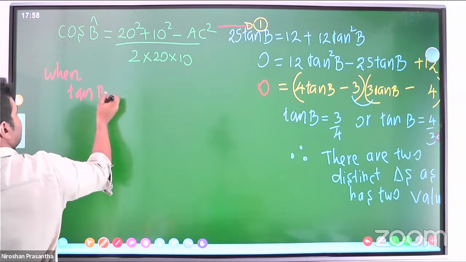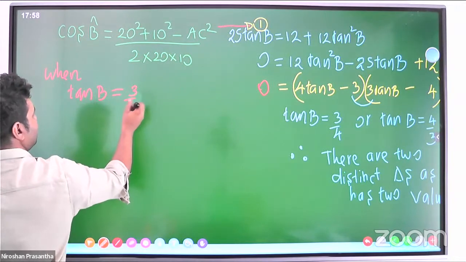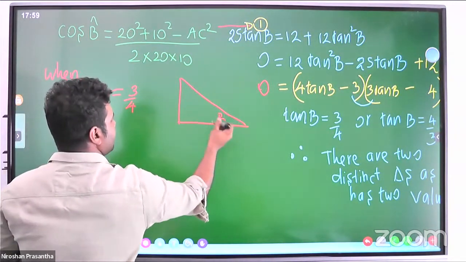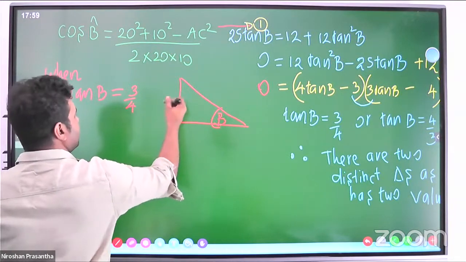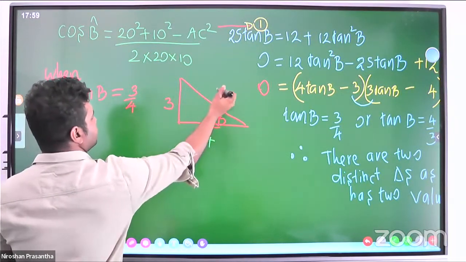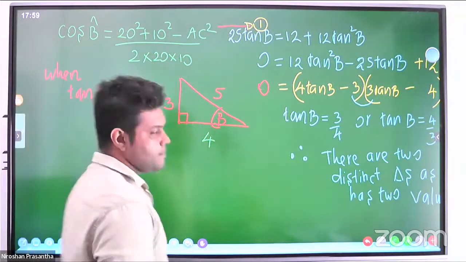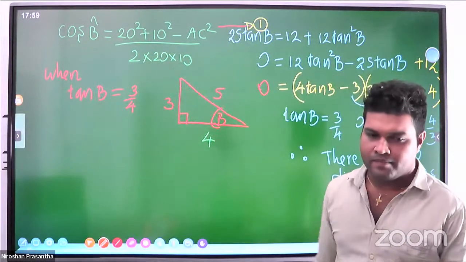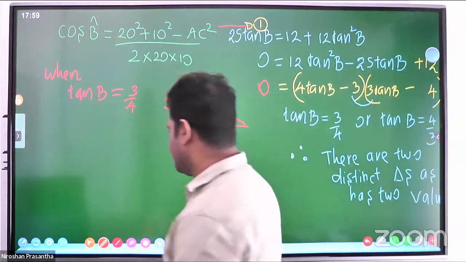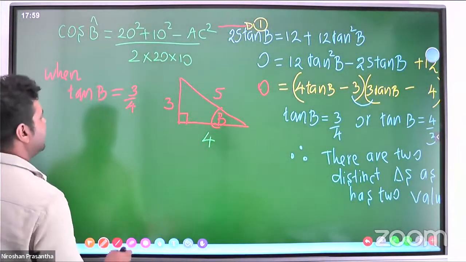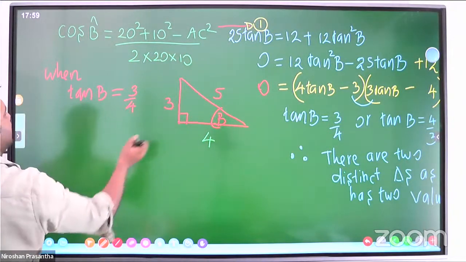When tan B equals 3 over 4, this is 5. Then what is cos B?